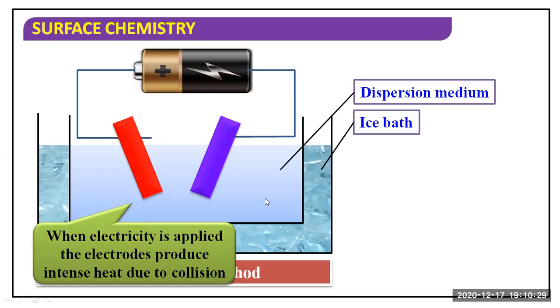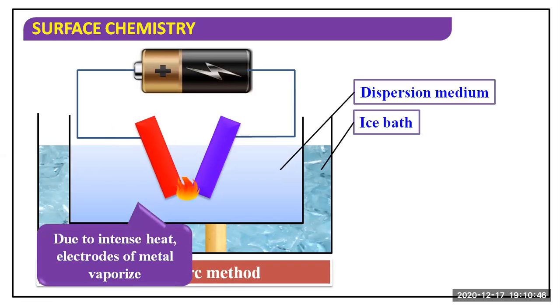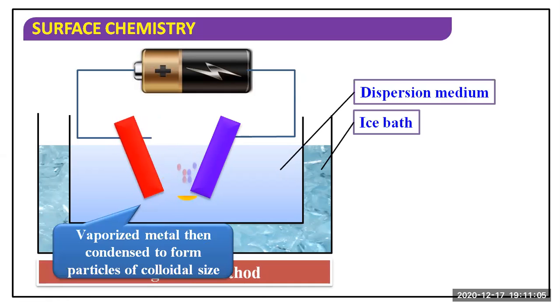Due to the intense heat, the metal electrodes vaporize, and by this cold water they will be cooled down and form colloids. So the vaporized metal then condenses to form particles of colloidal sol.